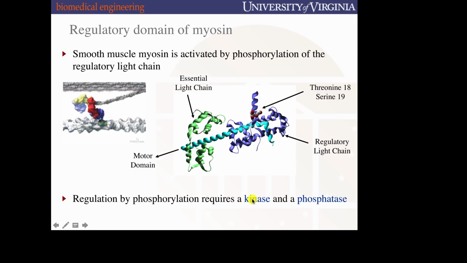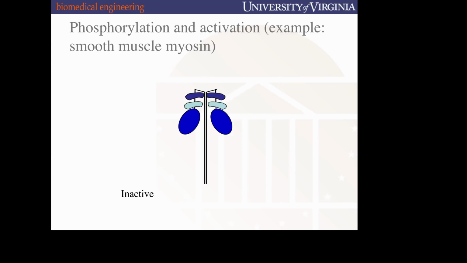And the balance between the relative active kinases and active phosphatases that are manipulating the site will yield the overall activity of myosin in that cell. So how this works, don't take this cartoon too specifically. But what's going to happen is that in the inactive state, the head domains are positioned in an orientation that does not facilitate their binding to actin.